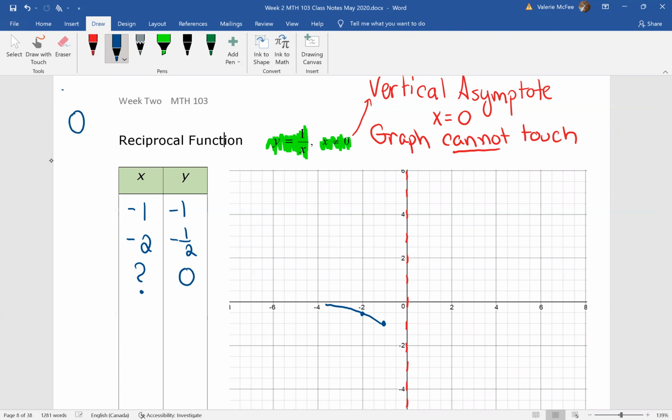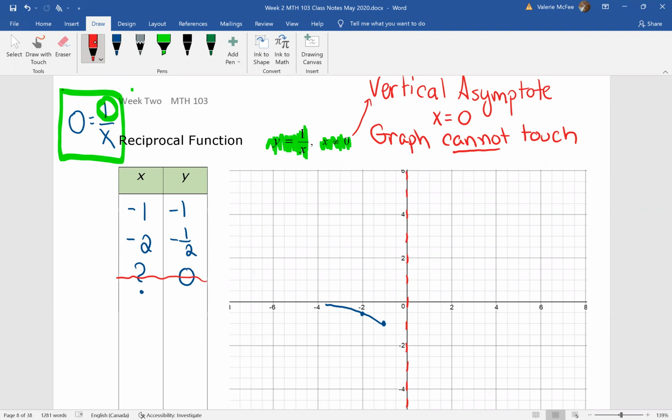So when does y equal 0? Well, I hope you remember that the only way for a fraction to equal 0 is if the numerator equals 0. But we don't have a 0, we have a 1. That tells me that this is not possible. The graph is never going to equal 0 at y.